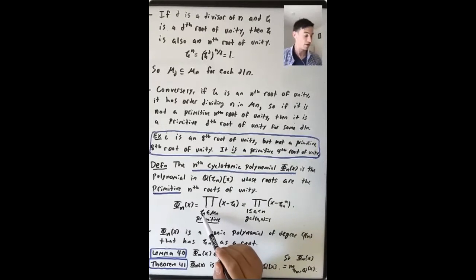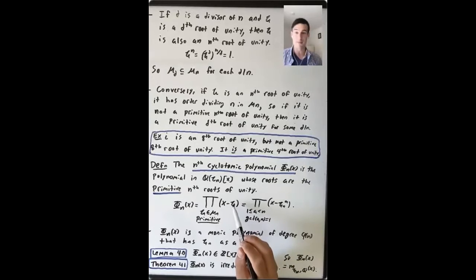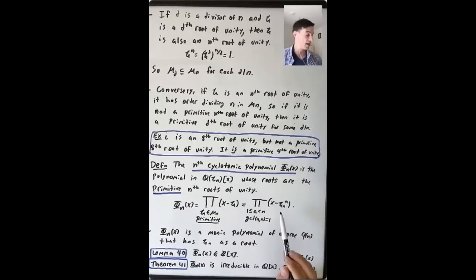You have a product over each zeta in mu n that is a primitive nth root of unity of x minus zeta. And we know how to describe all these primitive nth roots of unity. We start with one primitive nth root of unity, zeta n, and we take the a-th power of it, where a is a positive integer between 1 and n that is relatively prime to n. So it's a product over all a between 1 and n such that the GCD of a and n is 1 of x minus zeta n to the a.